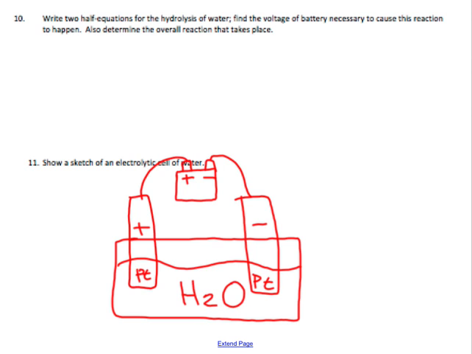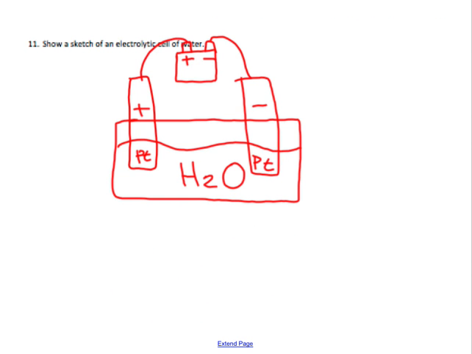So if that's the positive lead, that's going to be the positive electrode. Okay? Now here's the thing that's different from before. The electrode that's positive in the electrolytic cell is the anode. The electrode that's negative is the cathode. So this is opposite to what the voltaic cell did, which makes sense because the voltaic cell is spontaneous.